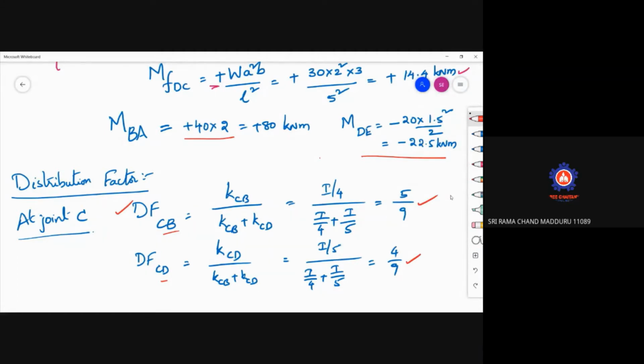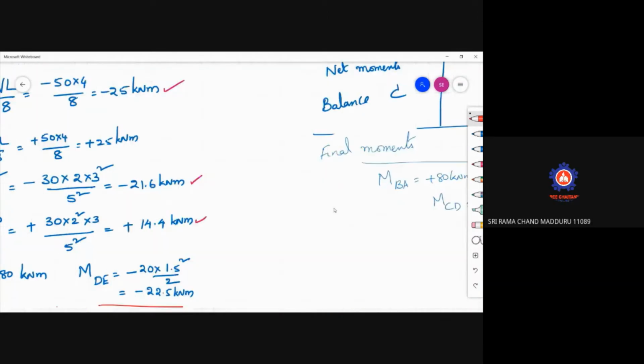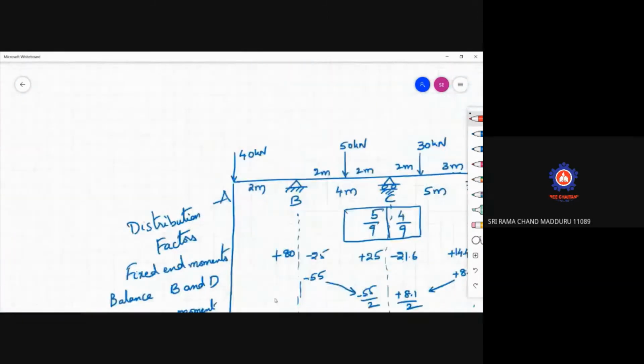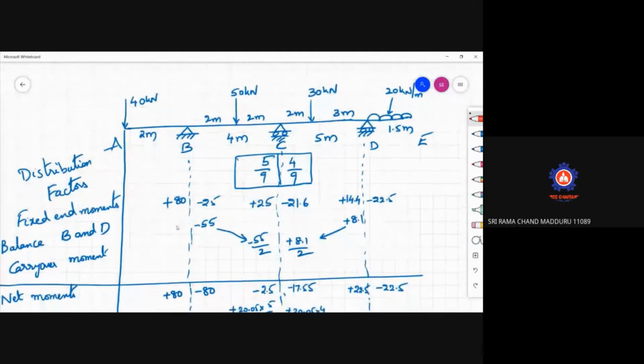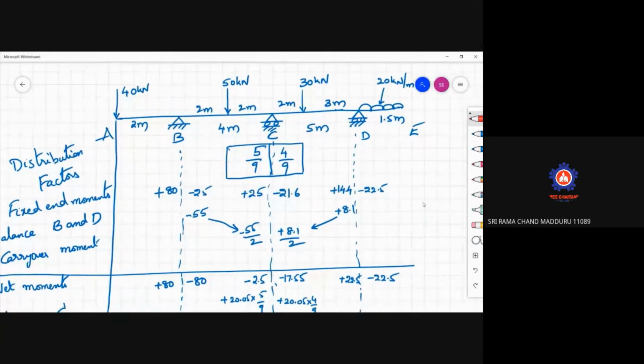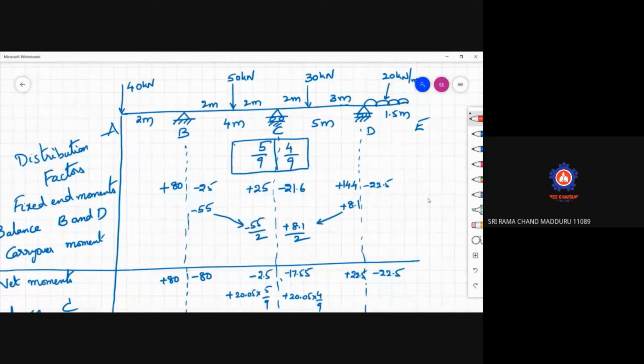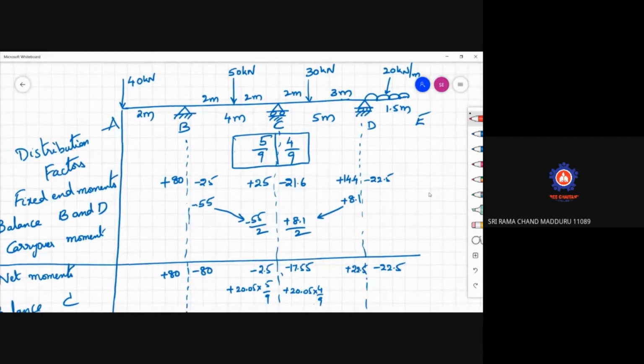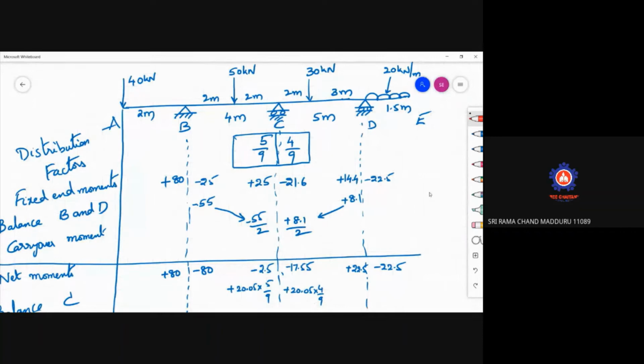Now after getting these distribution factors, go to the beam once again. Draw the beam. Write down the distribution factors. Write down the fixed end moments. Till now you can do it, but here you should not balance something like the difference.